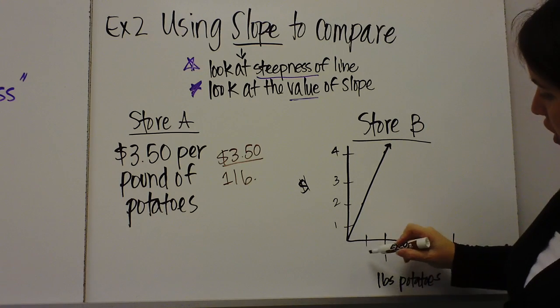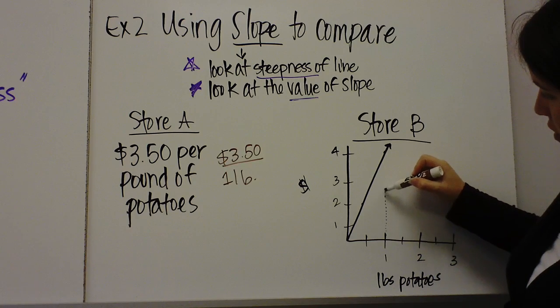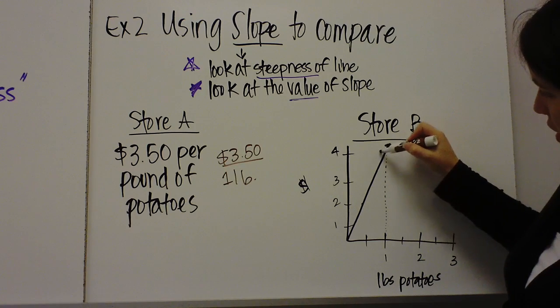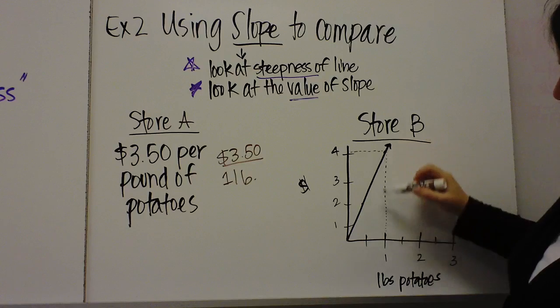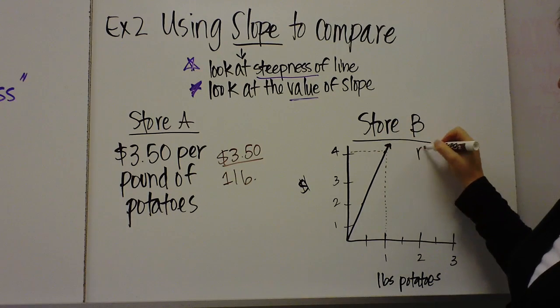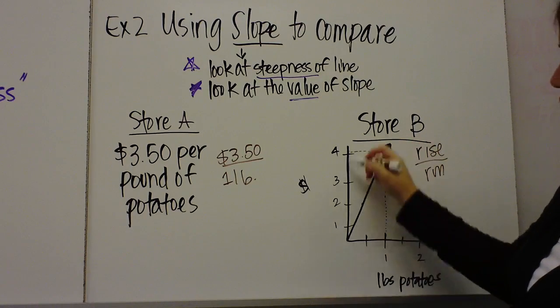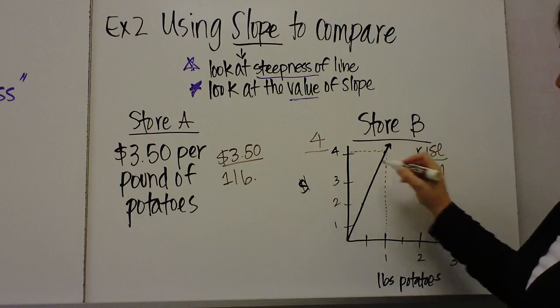This is 1 pound right here. Do you see? I went up and then over. Rise, over, run. I went up 4, over 1.